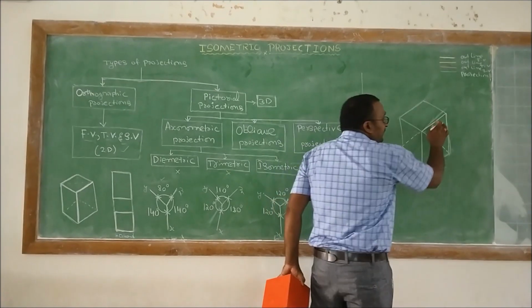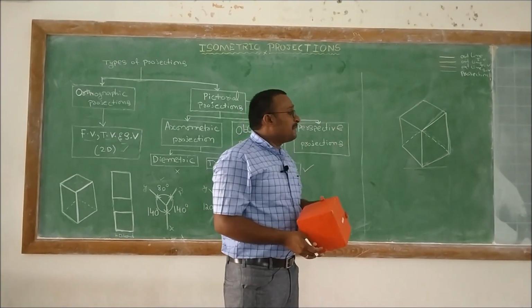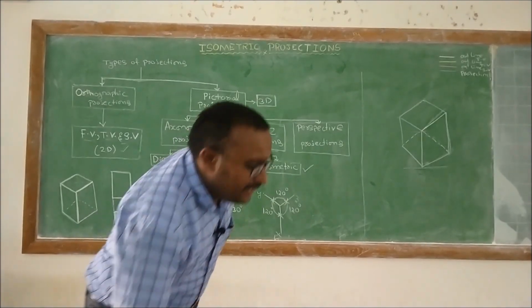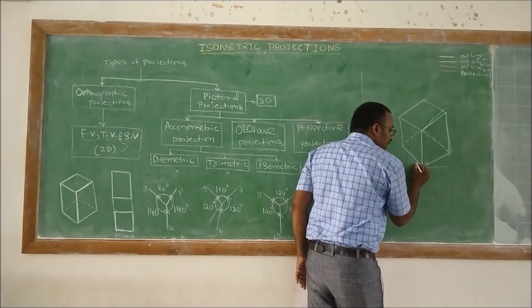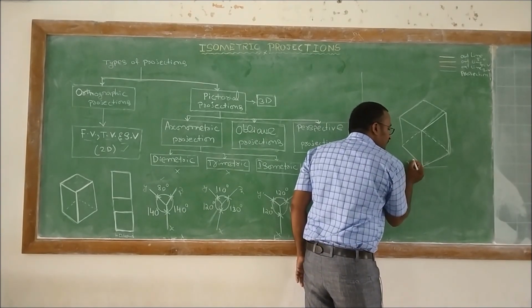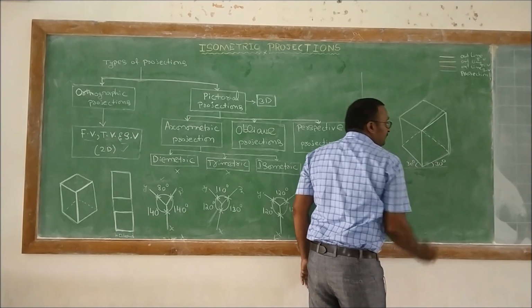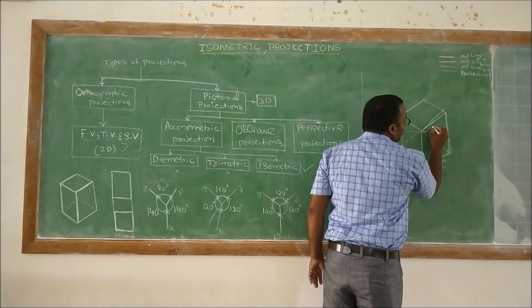Here you can observe the projection of this cube when it is placed in an isometric view. Here there will be a 30 degrees inclination, 30 degrees inclination, 30 degrees inclination, right? Here also we will have a 30 degrees inclination.